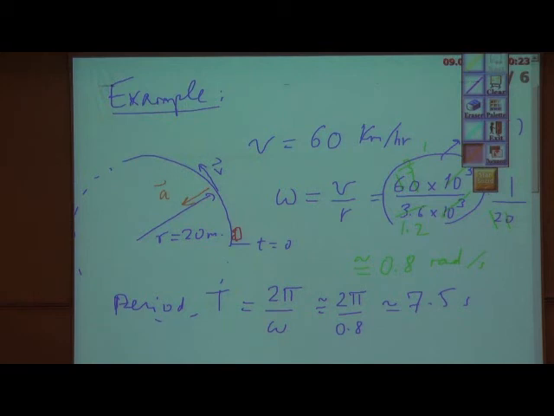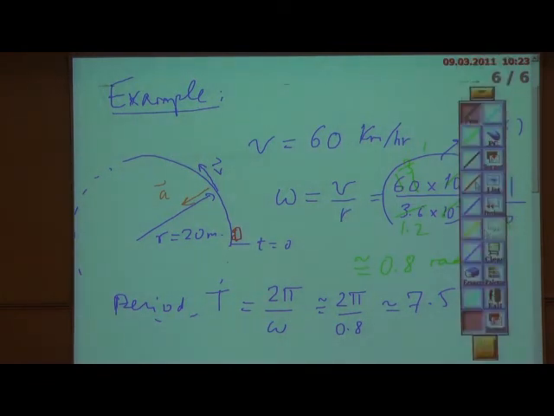And here's your acceleration when the car is over there. Any questions?